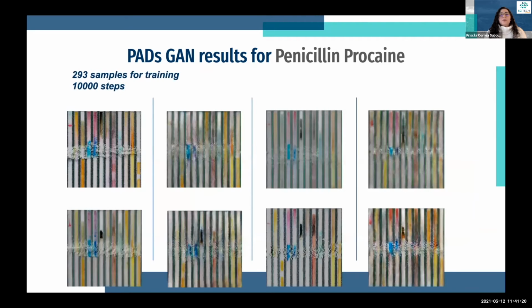In this example, I'd like to challenge you to say which column is real and which column is synthetic. I know you are not an expert in this. The results were very impressive for the expert from the chemistry department.